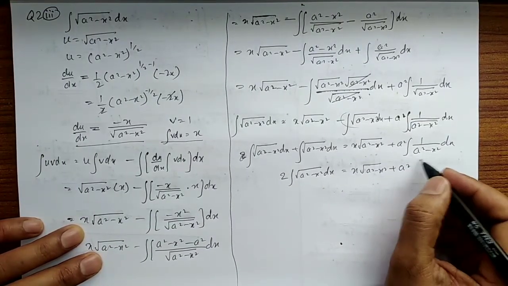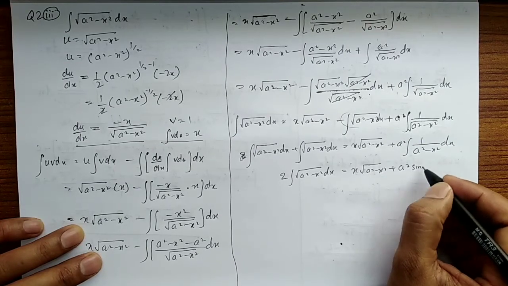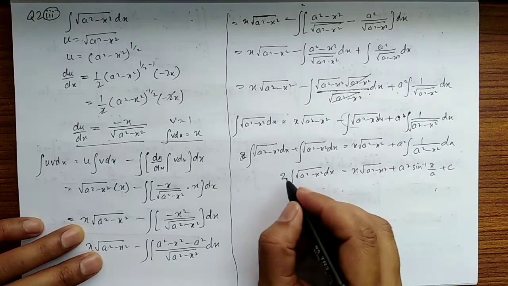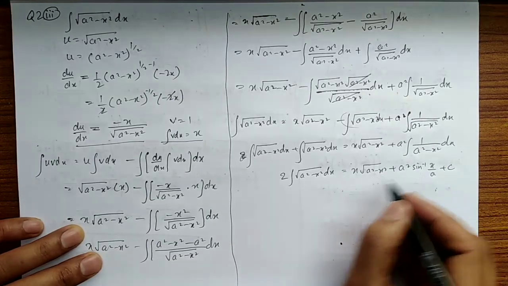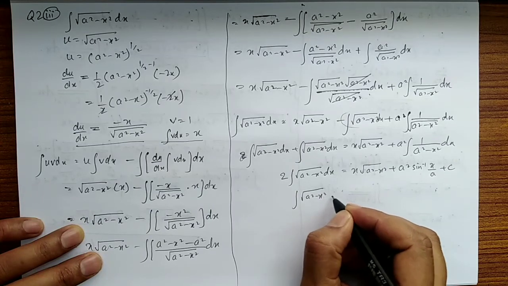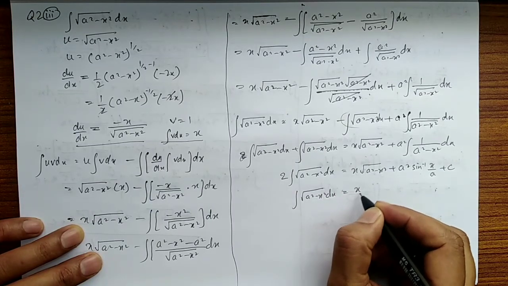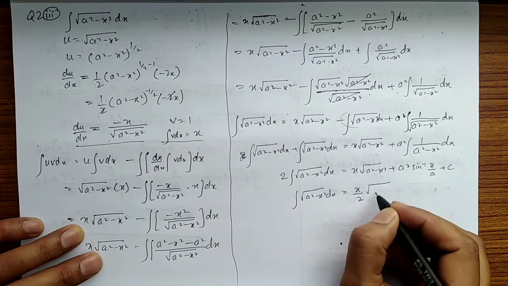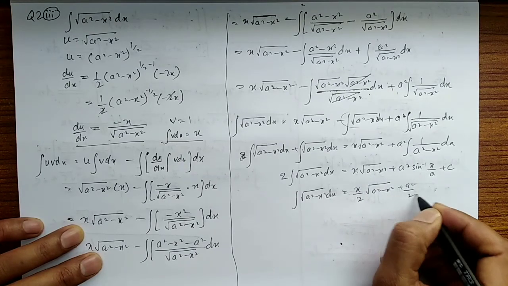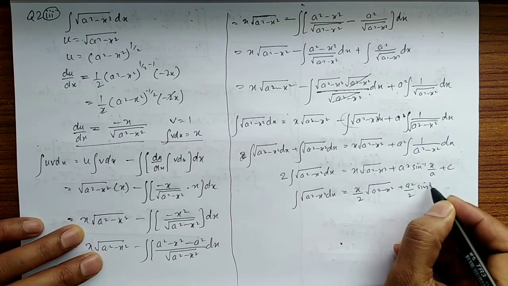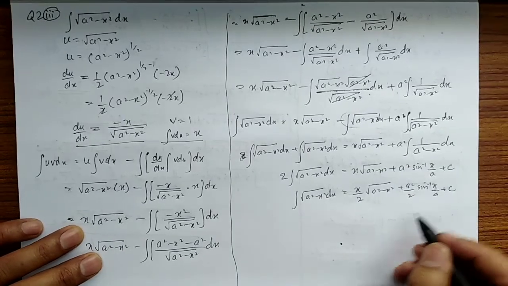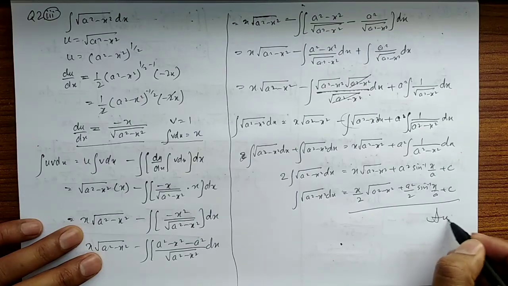By using the inverse functions, we find the integral of this part, sine inverse x upon a plus c, and cross multiplying this 2 down here, we have the integral of root of a square minus x square dx, which is x upon 2 root of a square minus x square plus a square upon 2 sine inverse x upon a plus c, which is our final answer.